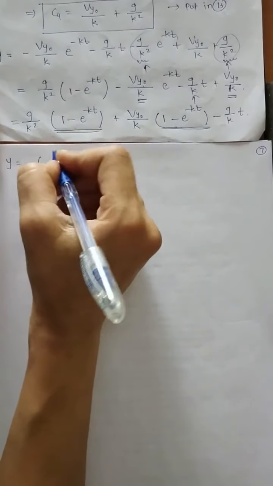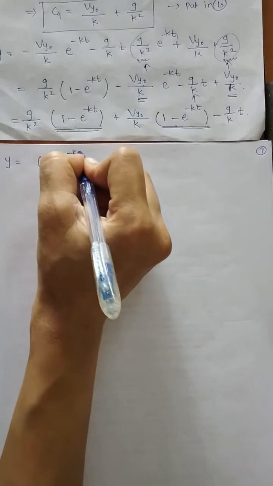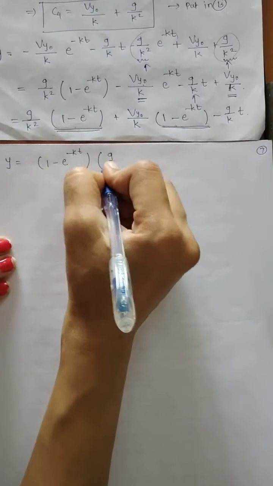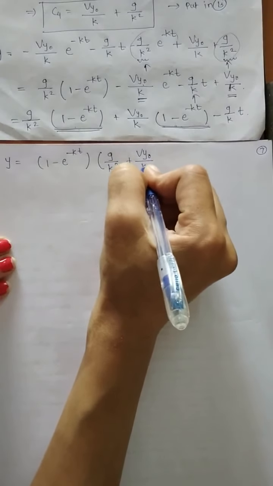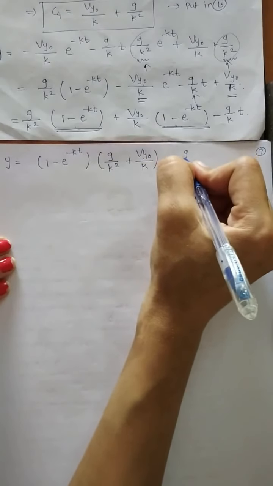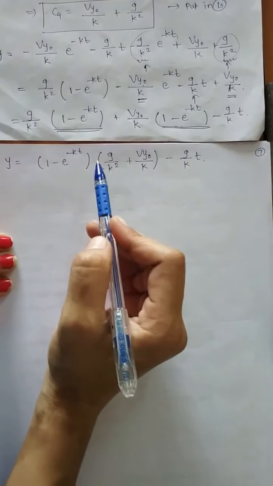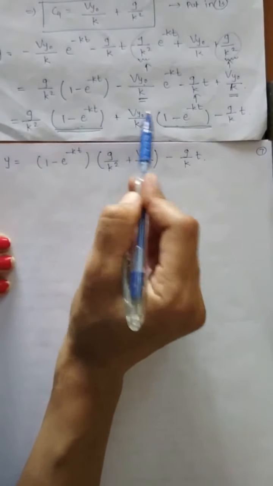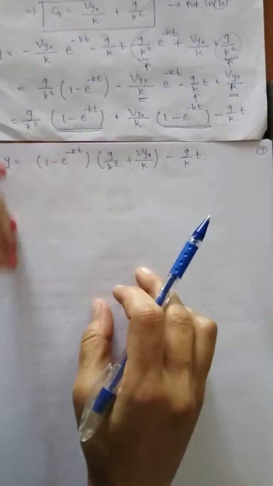So what will remain? That is 1 minus e raised to minus kt into g upon k square plus Vy naught upon k minus g upon k into t. What we have done in this equation? We have taken this term common and I have written the remaining term here. So this is the simplified form.